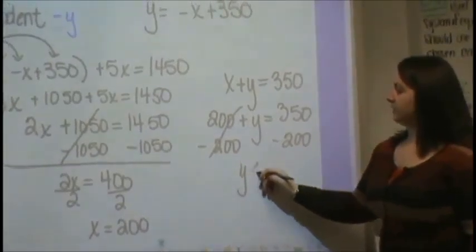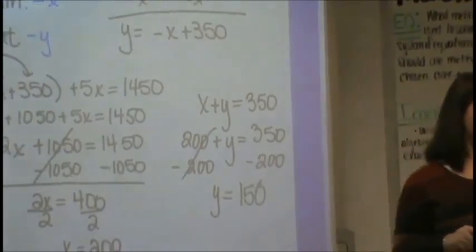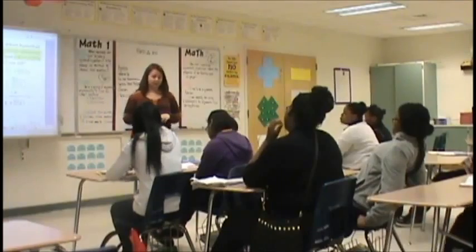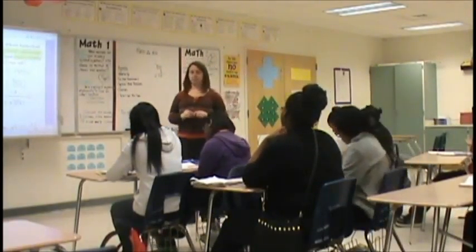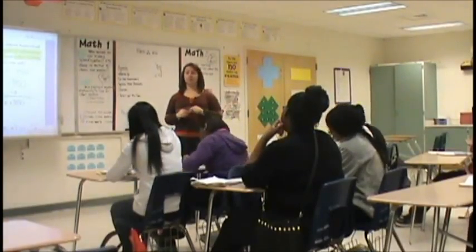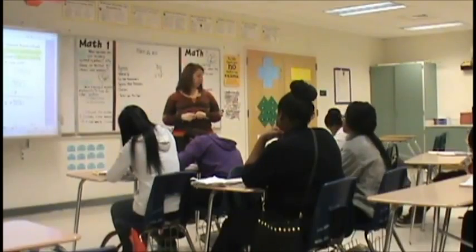And what's y equal to? 150. 150 what? Students. So one last thing you got to fill out. State your solutions. What are you really going to write in there? 200 general admission and 150 students.